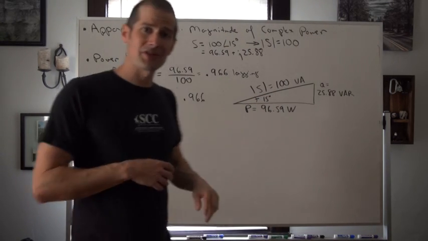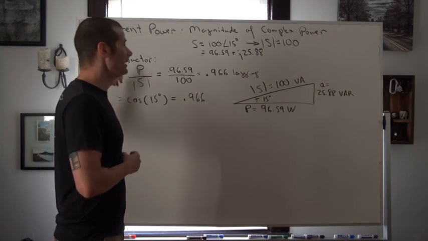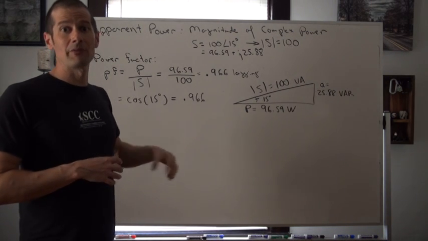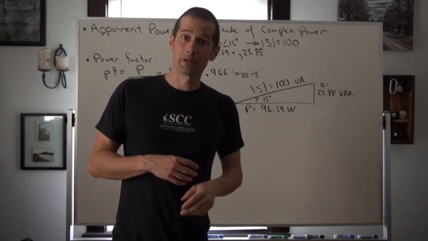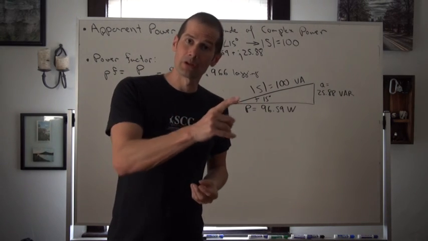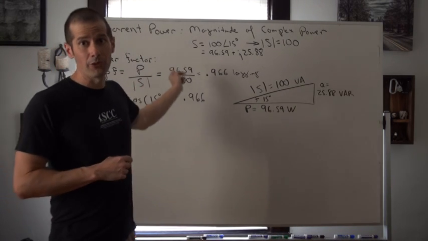So just a couple of concepts I wanted to look through: the apparent power, our power factor, and the power triangle, because in the next video we're going to talk about power factor correction, or increasing the efficiency within our system, and we're going to be using all three of these terms.